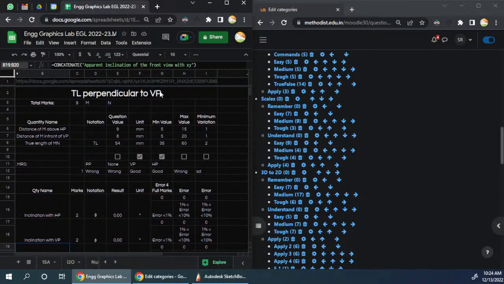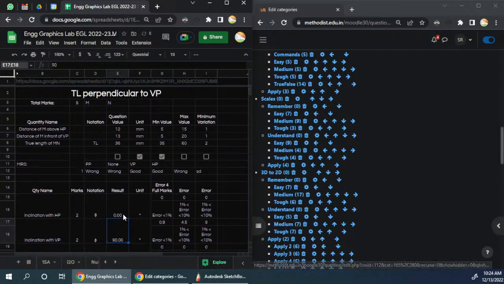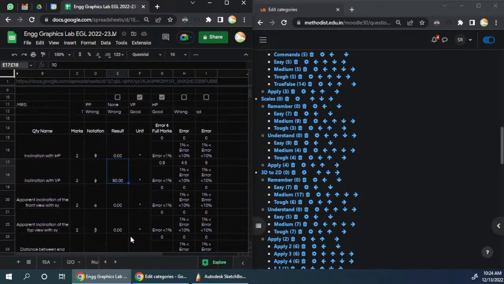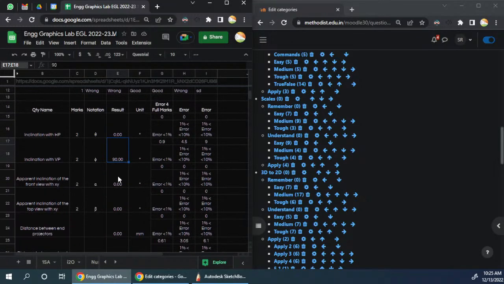Oh, okay, so when it's perpendicular to PP, phi is going to be 90 degrees, right? Theta, because it's parallel to HP, is going to be 0. Alright, so these two questions need to be modified.